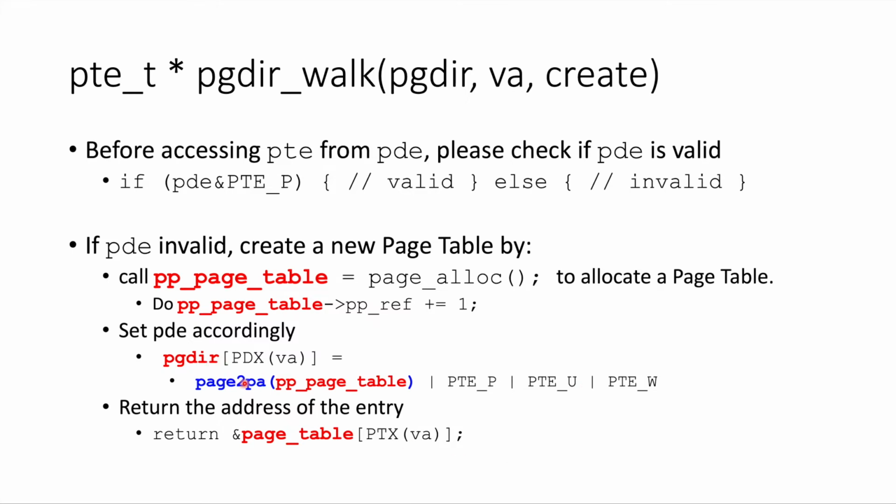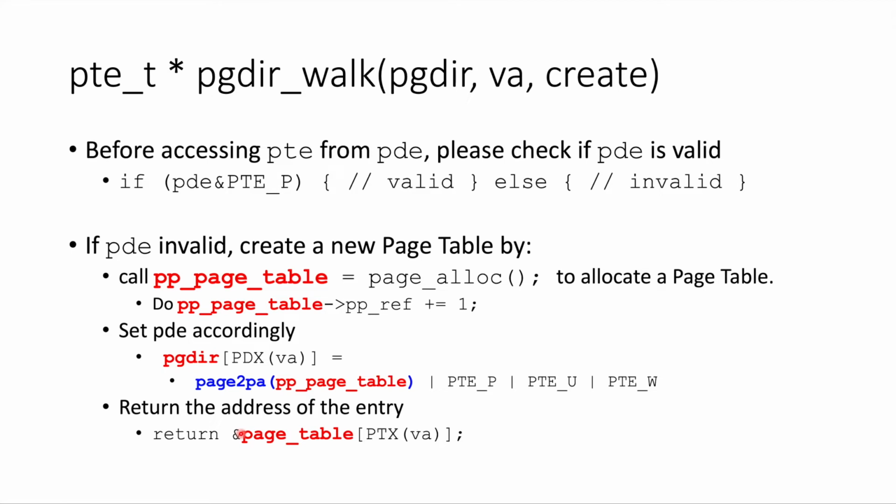And after assigning the new page table, because this function requires us to return the address of the page table entry pointed to by the virtual address, now we can access this page table, get the index and the address of the entry. And this concludes the implementation of the page directory walk.